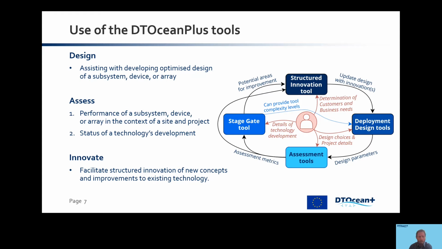They can assess the performance of these projects in the assessment tools, as I've just covered, and also assess the status of technology development with the StageGate tool. This tool can also be used to guide the best complexity level to use the individual design tools at, as shown on the diagram. Finally, the tools can be used for innovating both new and improved designs in the Structured Innovation tool.